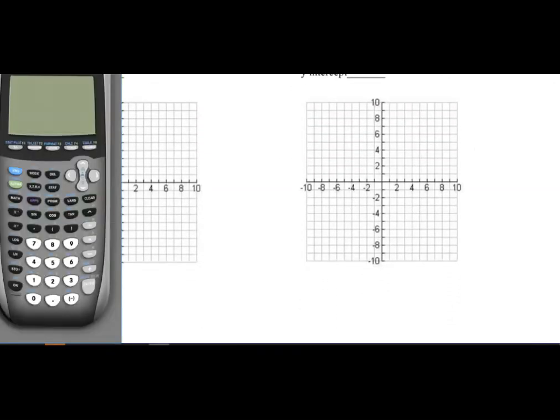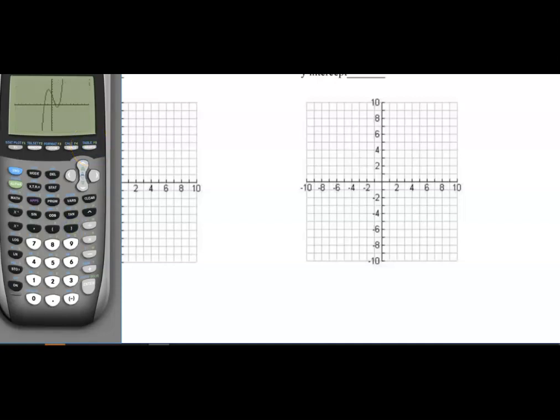So we go to our calculator, and we're going to clear it out, and we're just going to put this in. So parentheses, x minus 2, parentheses, x plus 2, and parentheses, x minus 1. And we hit graph.